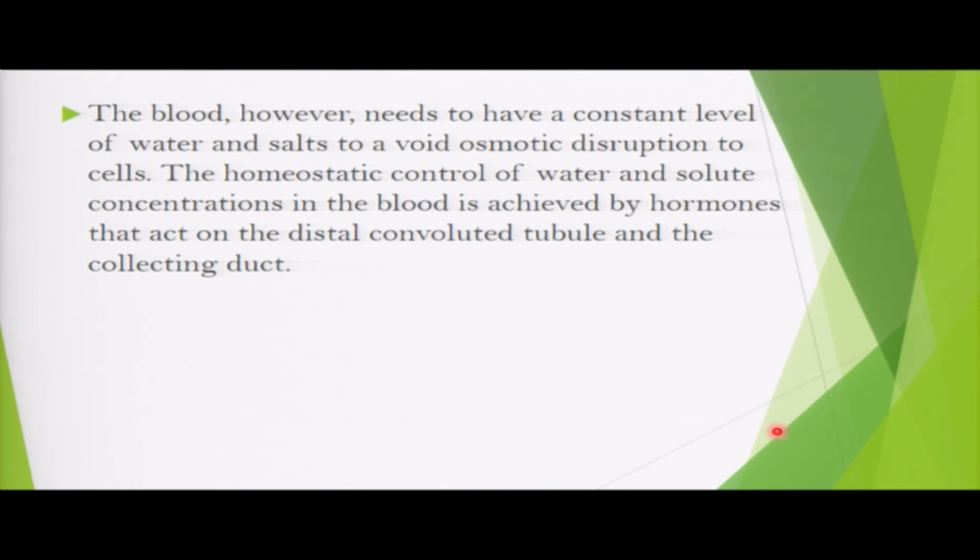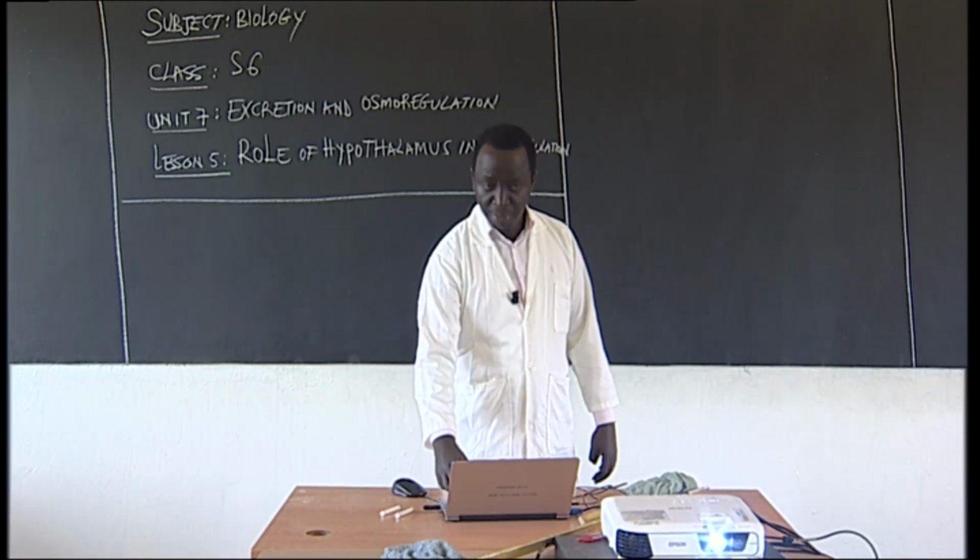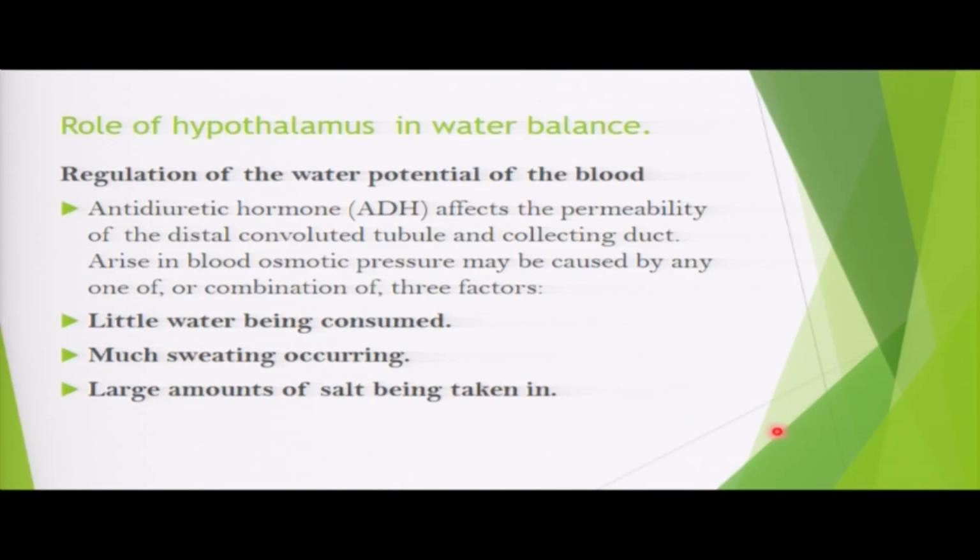So we need a balance. That balance is what we call osmotic pressure. So we need this homeostatic control of water and solutes, which involves what? Hormones. We're going to see what that hormone is. That hormone is what you call ADH. Now, we are going to see how water is controlled in our body.